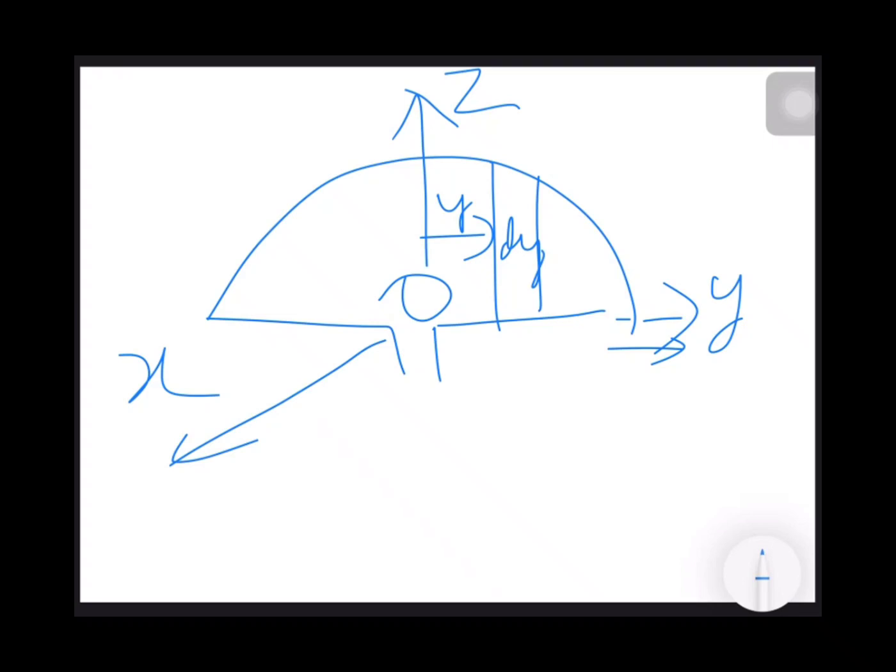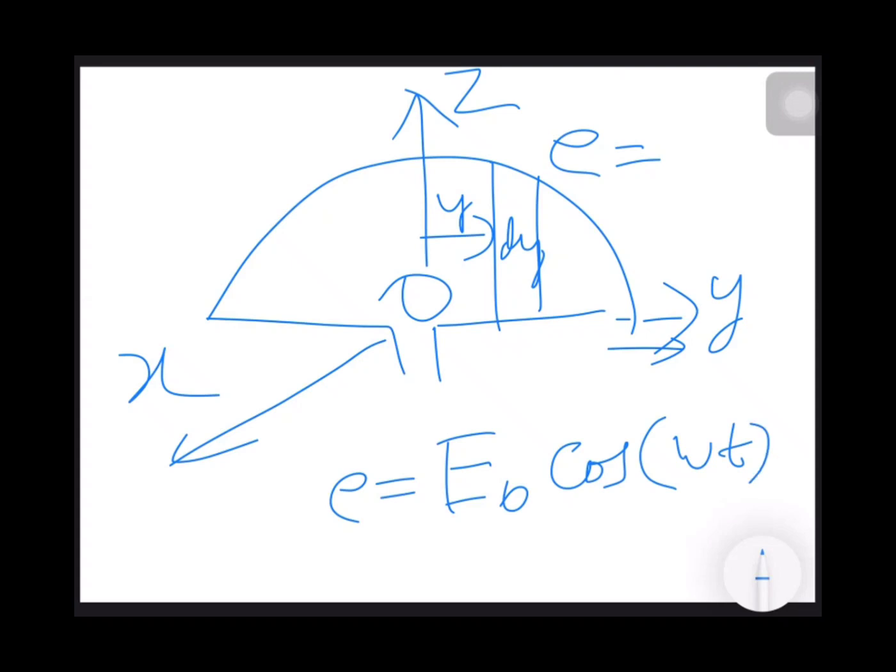Even here we consider the resultant electric field E, that is E is equal to E naught into cos omega t, and this is the maximum radiation, which is just opposite to the direction of the antenna.